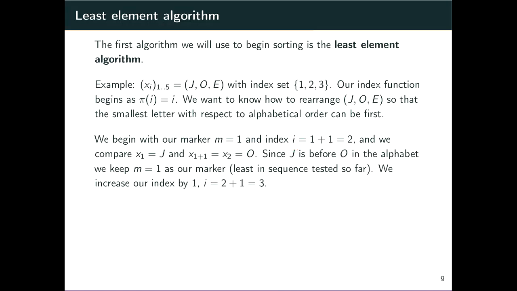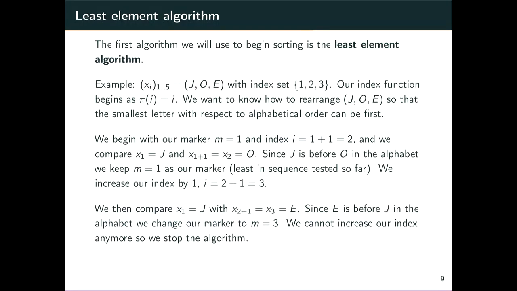So we compare x1 equal to j and x2 equal to O. And since j is before O in our alphabet, so we're using the order on the alphabet, we keep M stuck at 1 as our marker. We don't change it because it's still the least in the sequence we've tested so far. And then we increase the comparing index by 1. So we change I to 2 plus 1, which is 3.